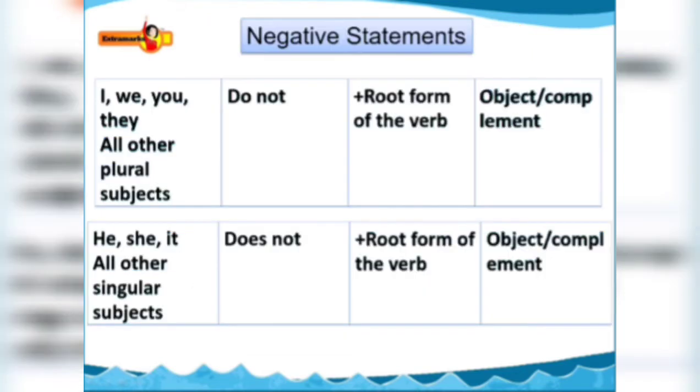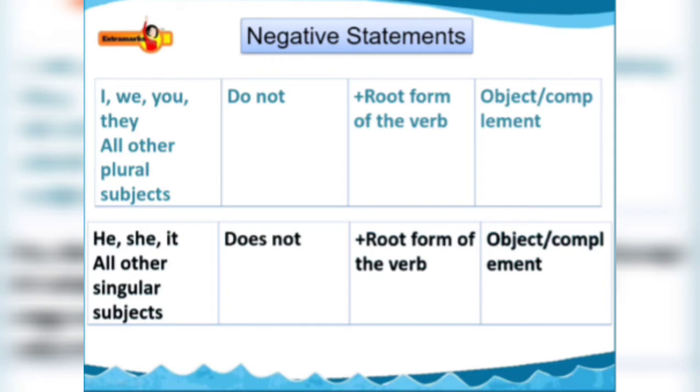Now learn to make negative statements using the simple present tense. Negative statements can be formed by following the given rules: we can use I, we, you, they, or any other plural subject with do not, and add the root form of the verb and the object or complement, to make a negative statement.